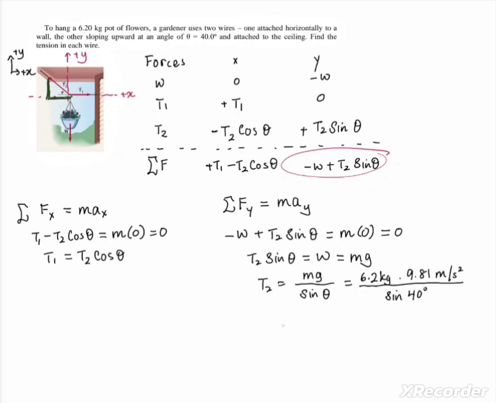And here we can find T2 which is 94.6 newtons. So we found T2, and then what we can do is substitute the value here for T2.